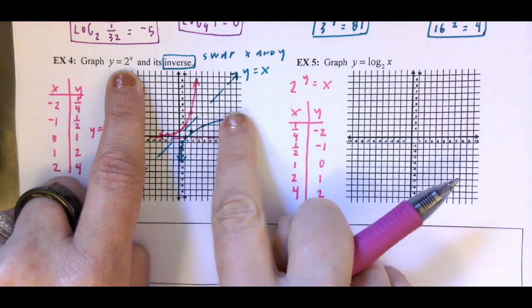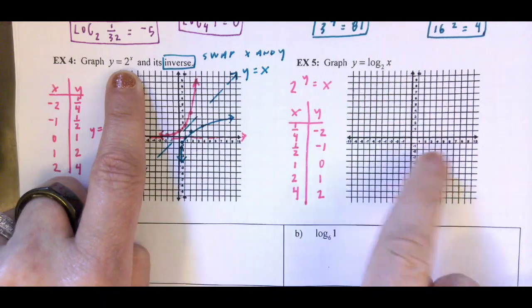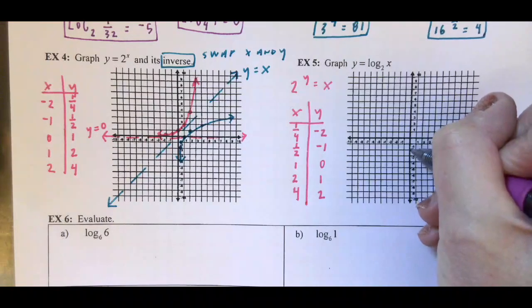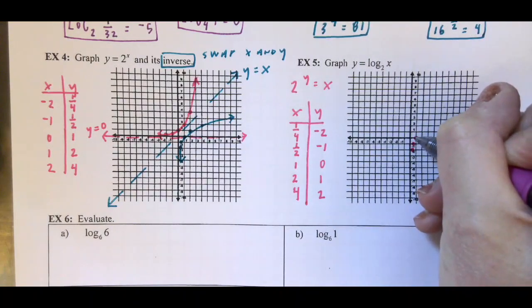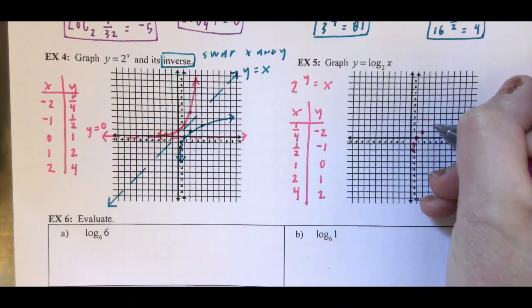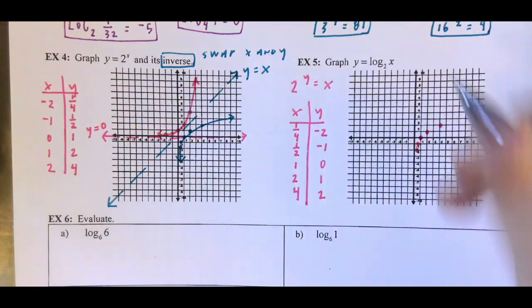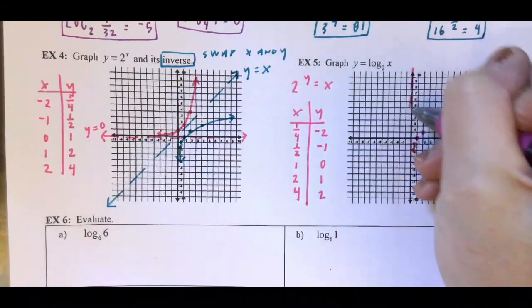This is actually the logarithmic function that we're seeing right here. So let's plot it on this graph. So (1/4, -2), (1/2, -1), (1, 0), (2, 1), and (4, 2). Okay, I also want to point out that we have a vertical asymptote right here at x equals 0.